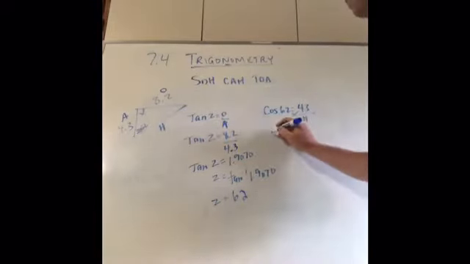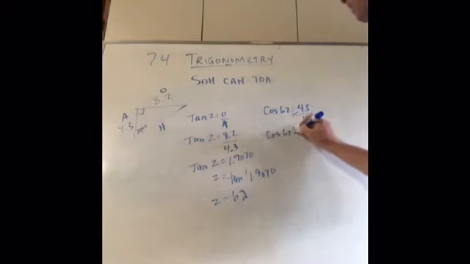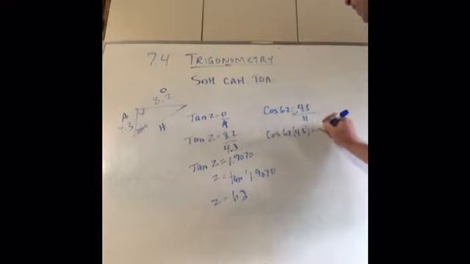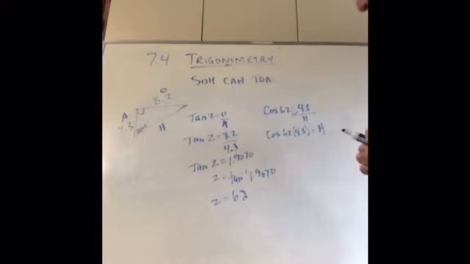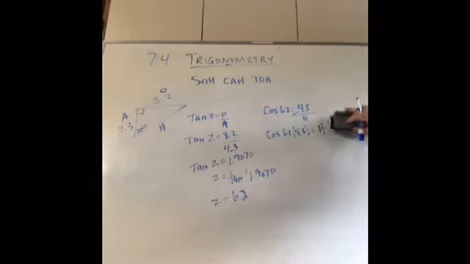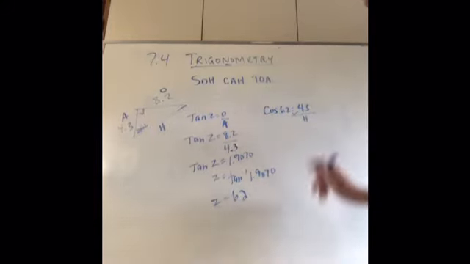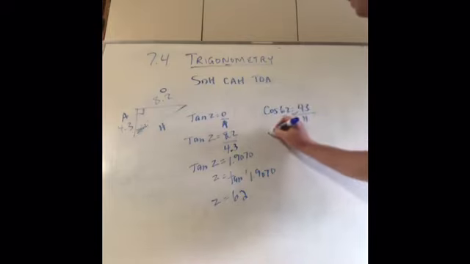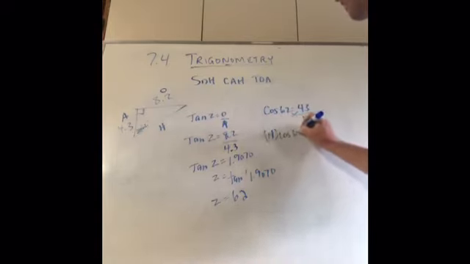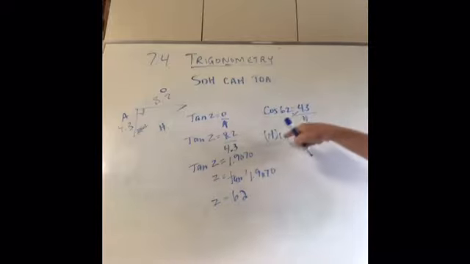If we do some cross multiplication, we get H times cosine 62. Cosine 62 times H gives us that.